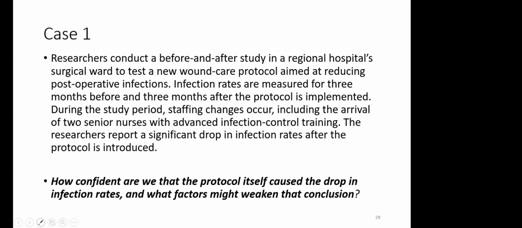So such a confounding variable then poses a very strong threat to the internal validity of the study. Okay, good.